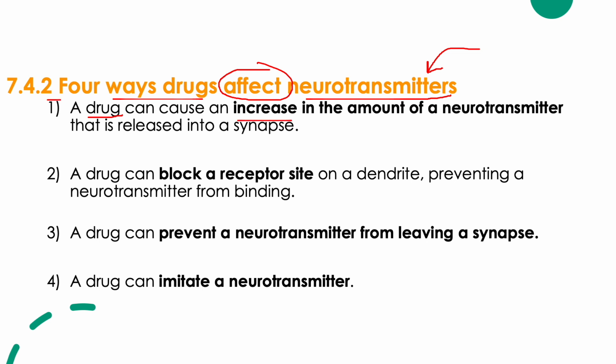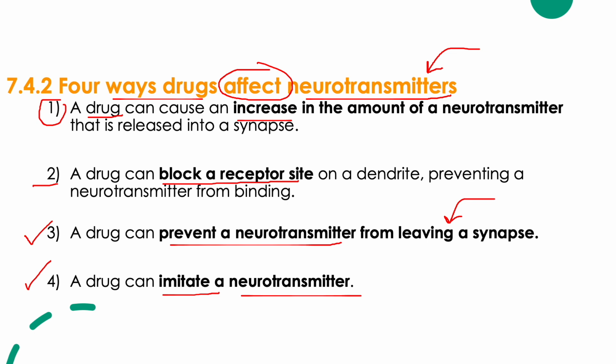Number two, a drug can block the receptor site of the neuron. Number three, a drug can prevent a neurotransmitter from leaving the synapse. And number four, a drug can imitate or copy a neurotransmitter. Very important four effects of the drugs. Learn them to understand more.